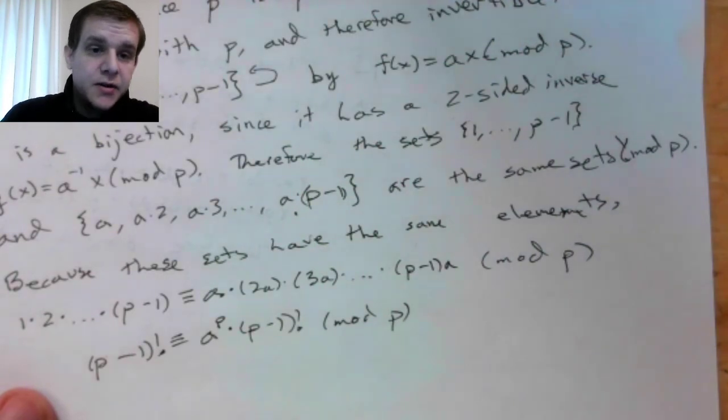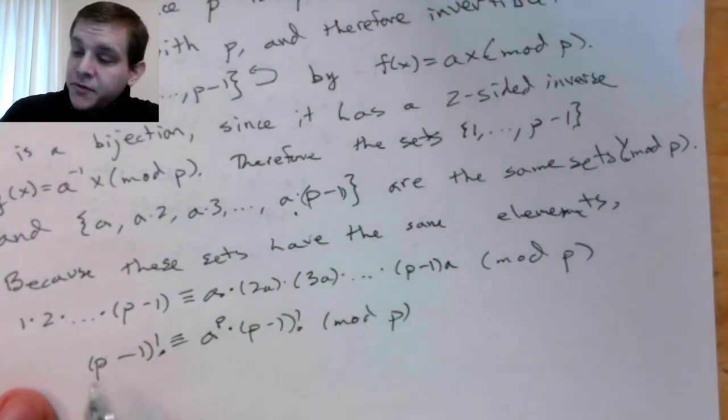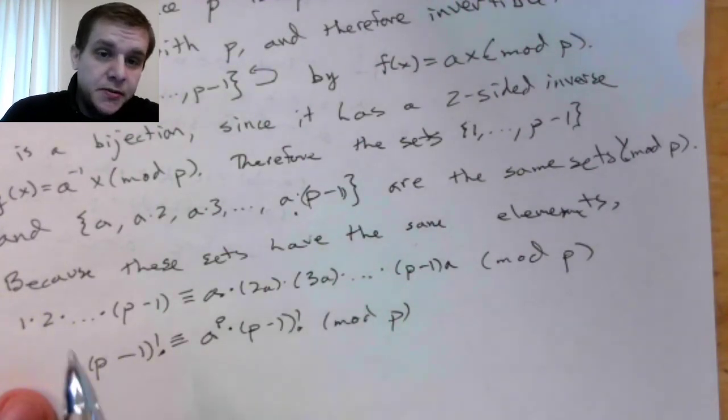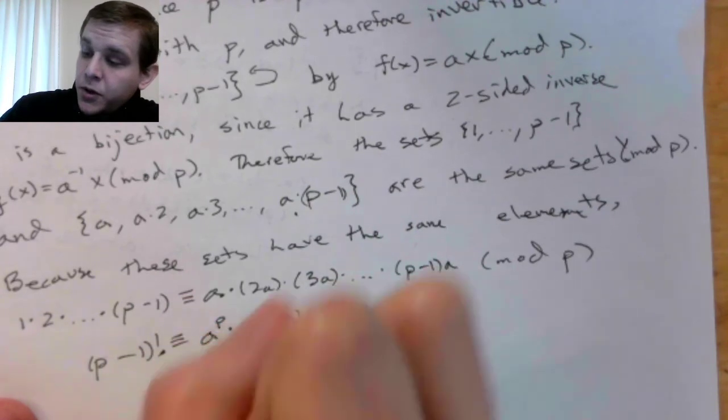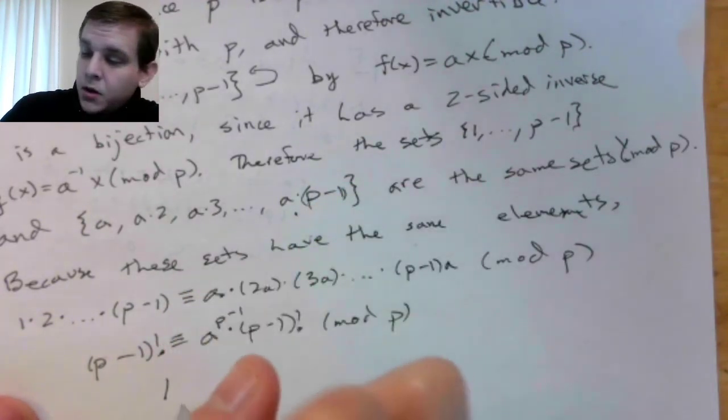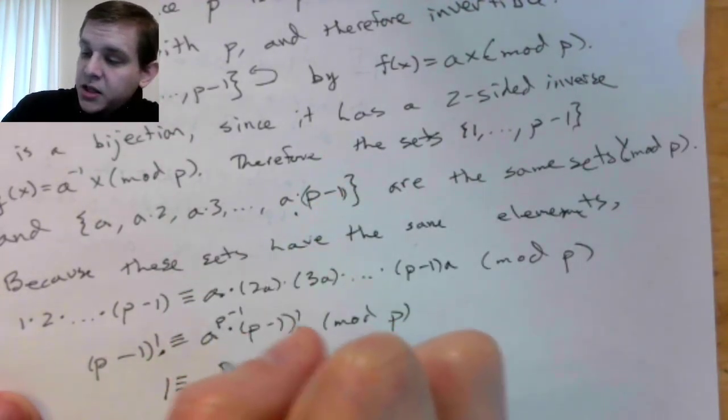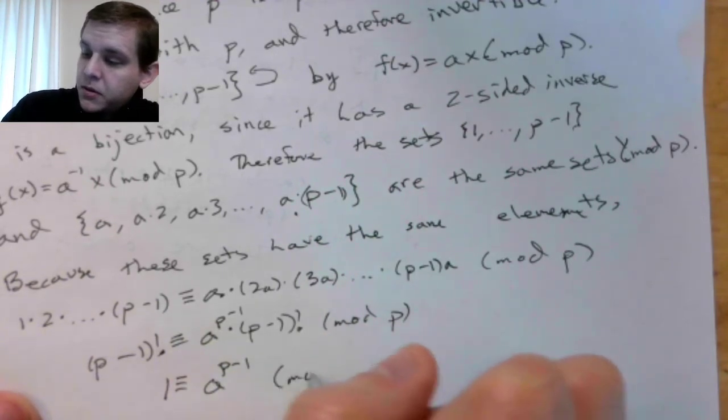And now p minus 1 factorial is a product of invertible elements, so it itself is invertible. So I can multiply by p minus 1 factorial inverse and get that 1 is congruent to a to the p minus 1 modulo p.